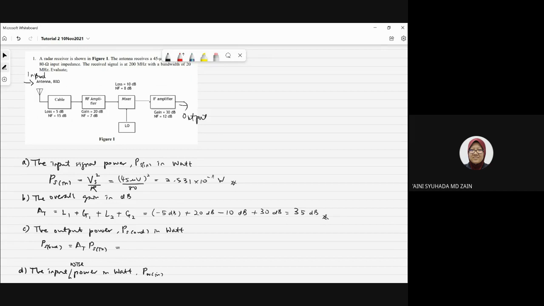So how to convert from this to absolute ratio? The overall gain just now is 35 dB. So to convert to the absolute ratio, use the anti-log.